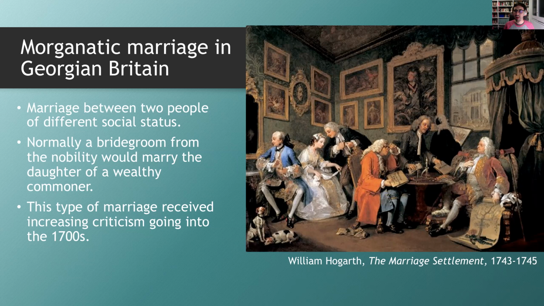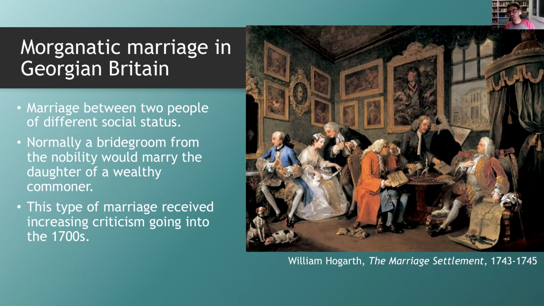So this type of marriage had not been really criticized during the 15th and 17th century. For example, Henry VIII famously married 6 women, and only 2 of them were of royal blood, right? The rest of them were commoners. So it wasn't really a thing.